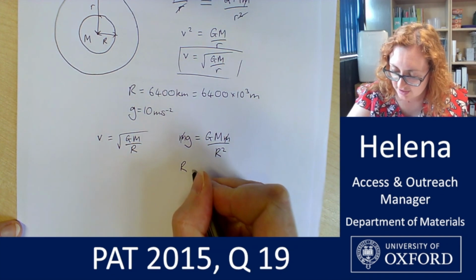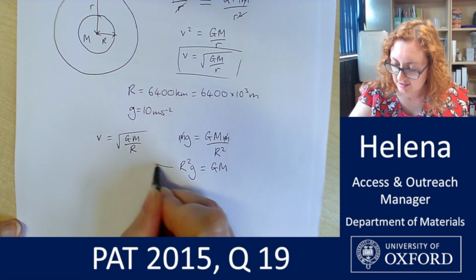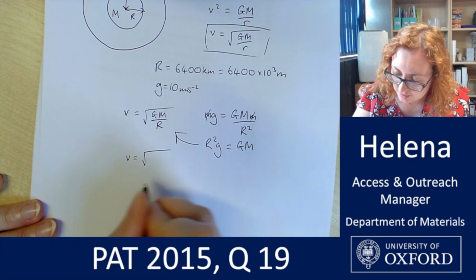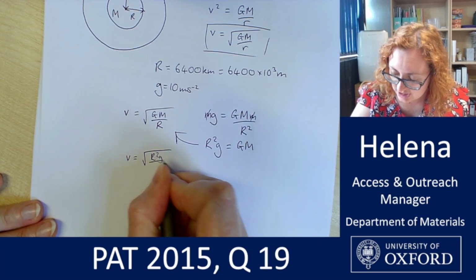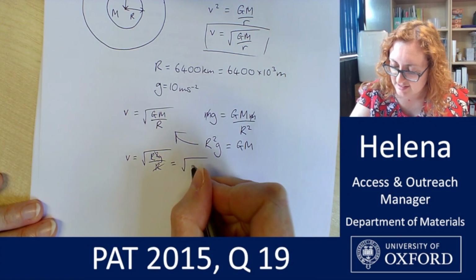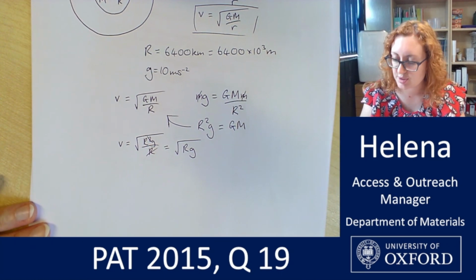So we would have that R squared g is equal to GM. Substitute that into here. We have that v is equal to the square root of R squared g over R, which, if we simplify that, is equal to the square root of R times g. Let's put some numbers in now.